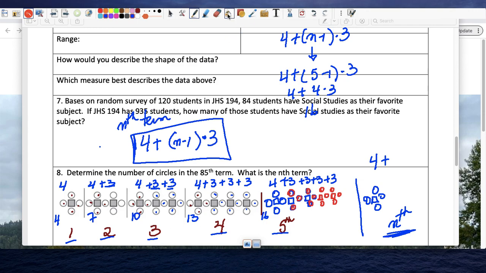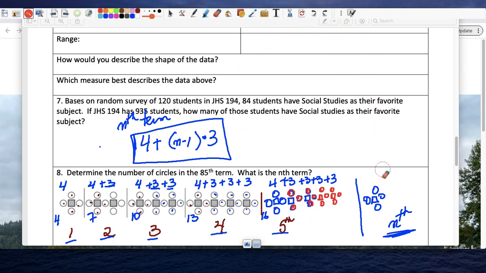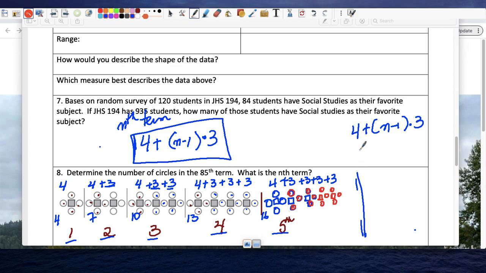So now, if your math teacher says how many circles are in the 85th, let's calculate that. Copy the expression that we came up with. So it's going to be 4 plus 85 minus 1 times 3. 85 minus 1 is 84.